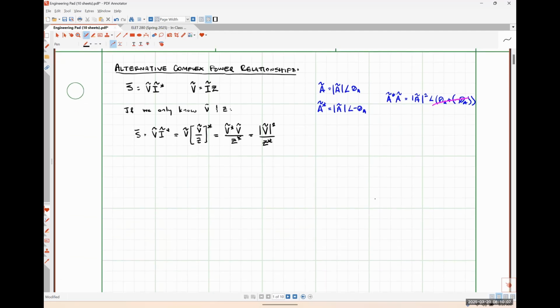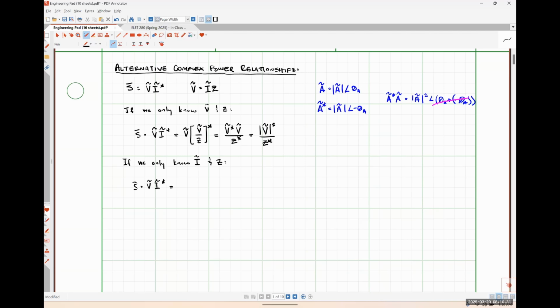So pretty similarly, we can develop a relationship for if we only know the current and the impedance. Starting with our basic definition, S is equal to V times I conjugate.